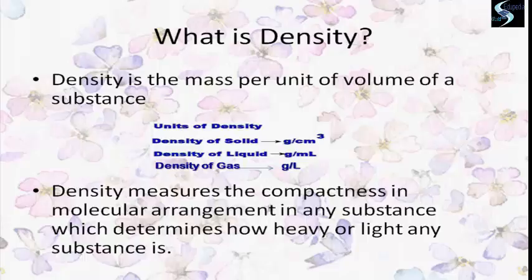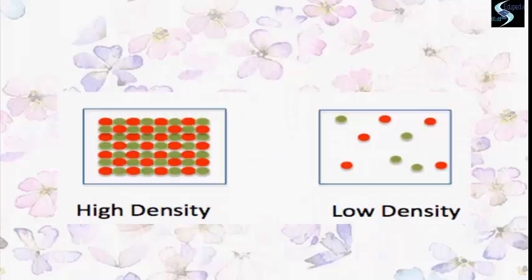In other words, density can also be defined as the measure of compactness in the molecular arrangement in any substance, which determines how heavy or light the substance is. Well, these are two examples where we can see that density also depends upon the arrangement or the compactness of the substance.